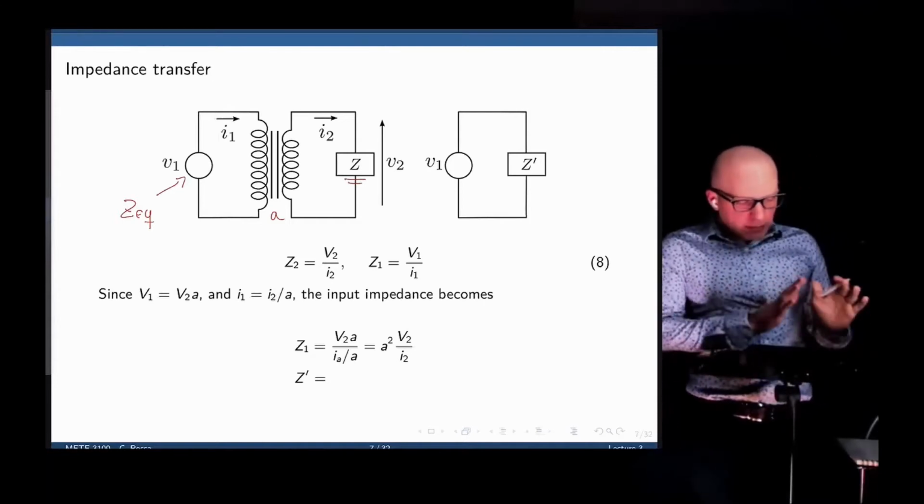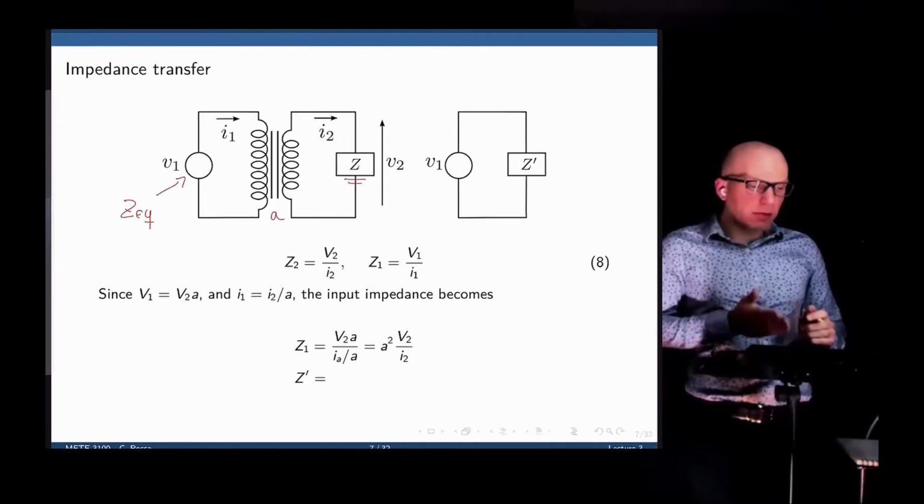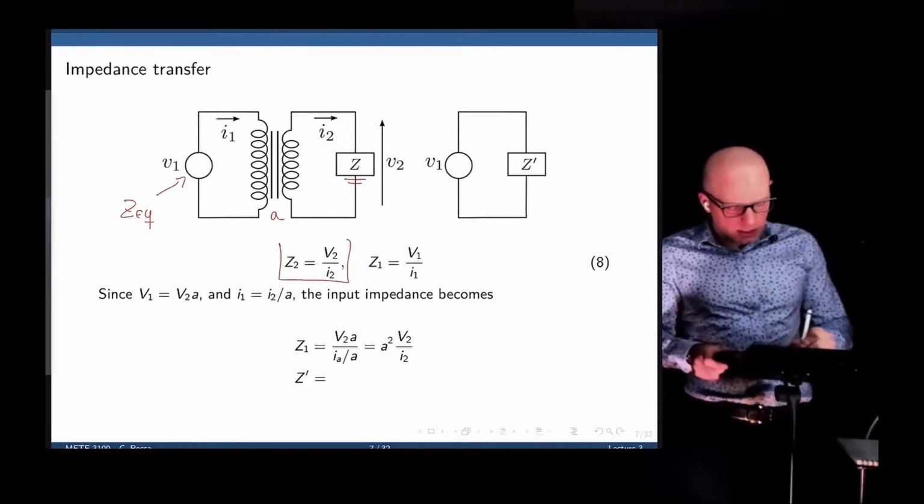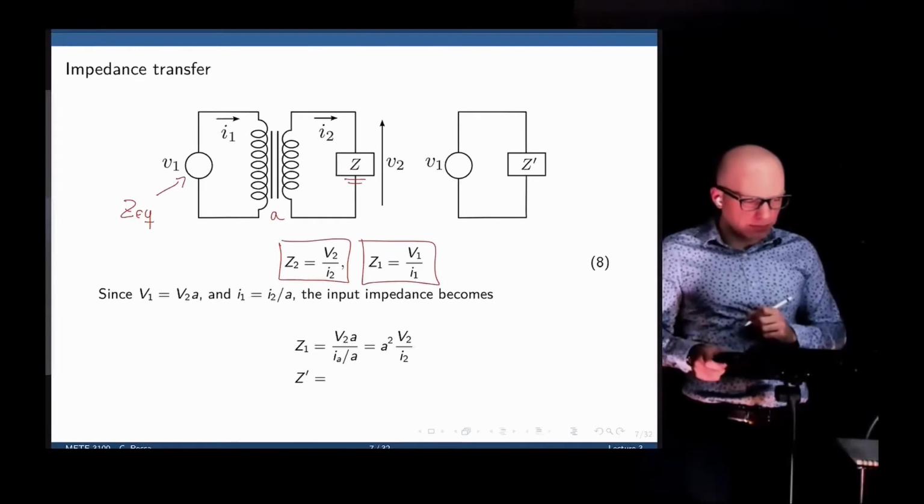We can define the impedance on either side as V divided by I. So from the secondary side and the primary side, we have them here.